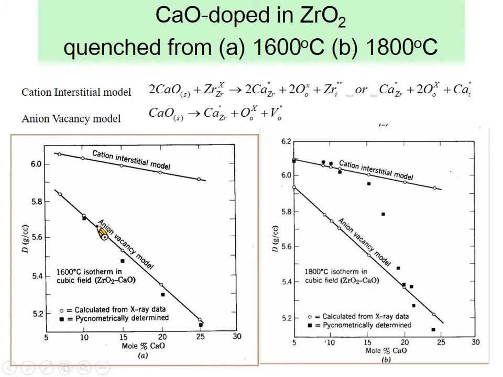However, for the anion vacancy, the oxygen is removed from the lattice, so the slope is more apparent for this model.